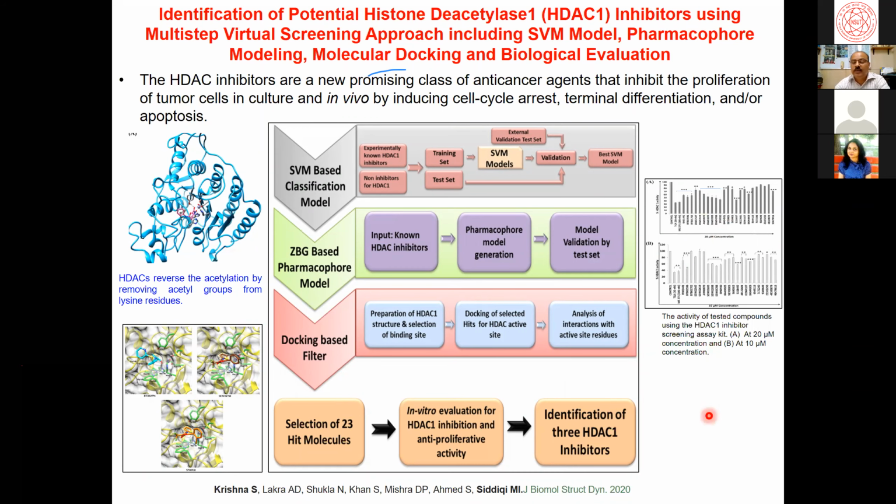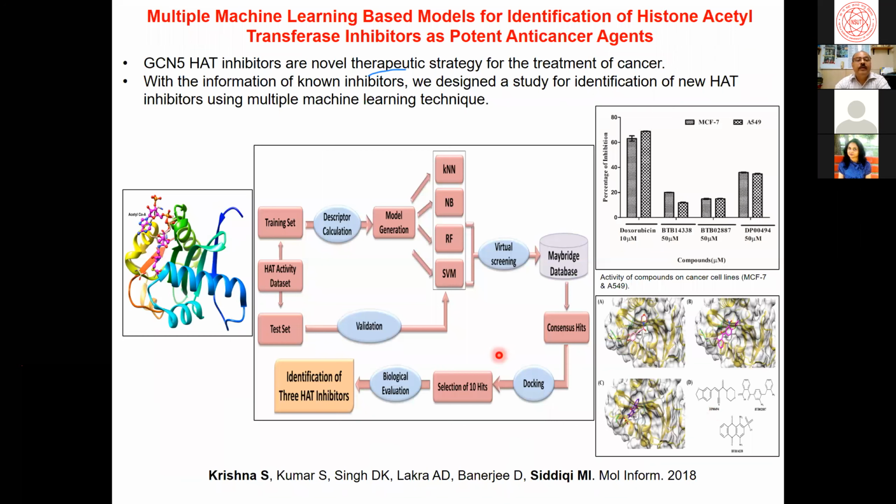In another targeted study, she used histone acetyltransferase as a target for developing models for identifying inhibitors. These are very important targets for developing anti-cancer agents. So with the information of known inhibitors, she designed a study for identification of new inhibitors using multiple machine learning techniques.